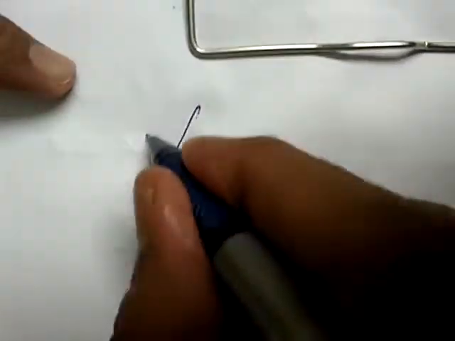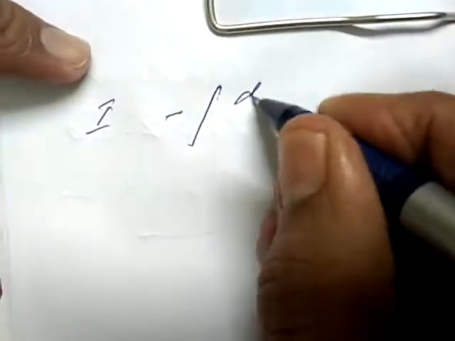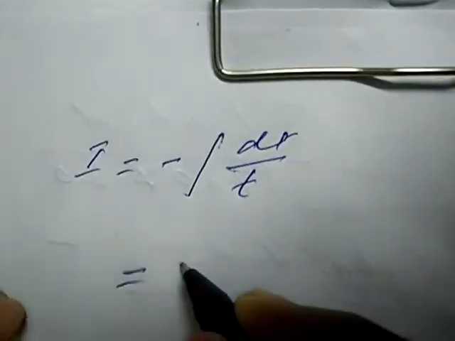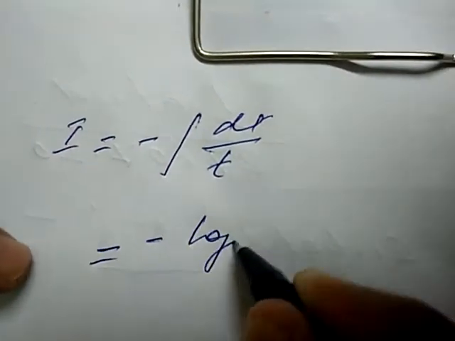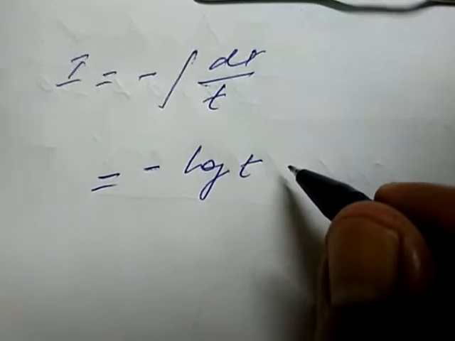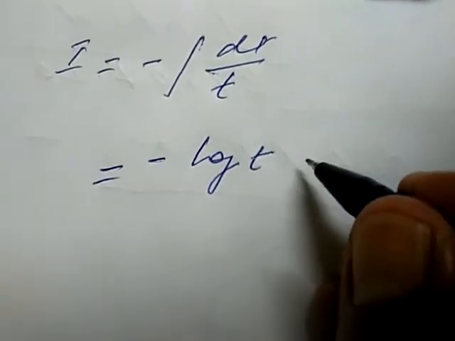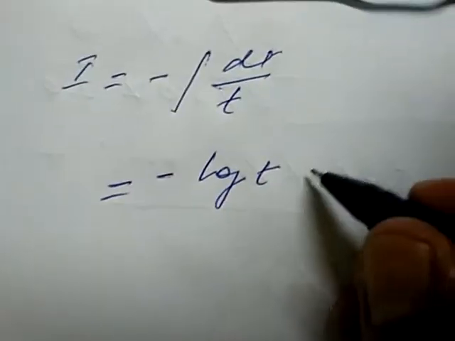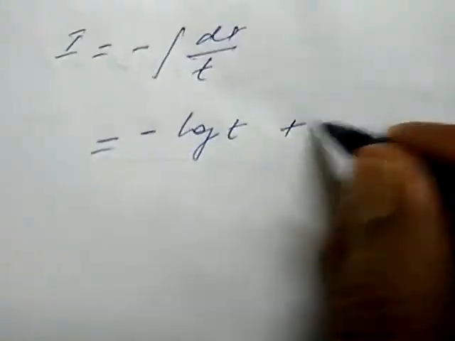Dt by t is a standard form, with the minus sign outside. For that we are aware its value is log t, because the derivative of log x is 1 by x, so 1 by x has the integral value log x. Here 1 by t gives log t plus c.